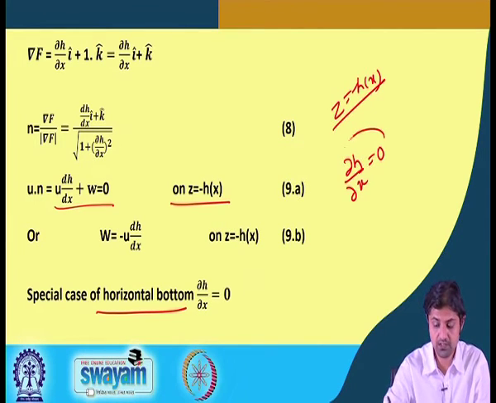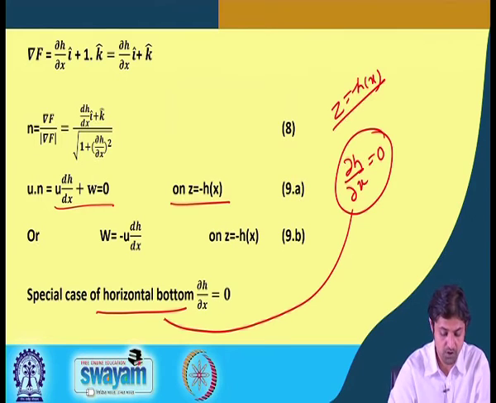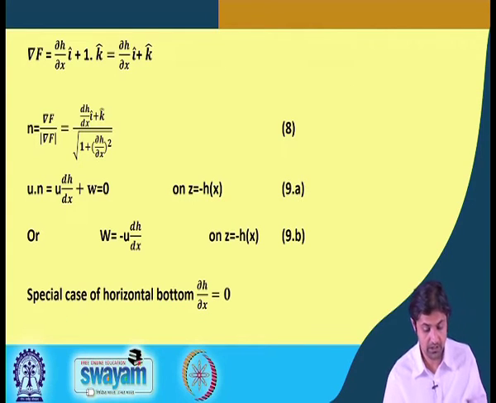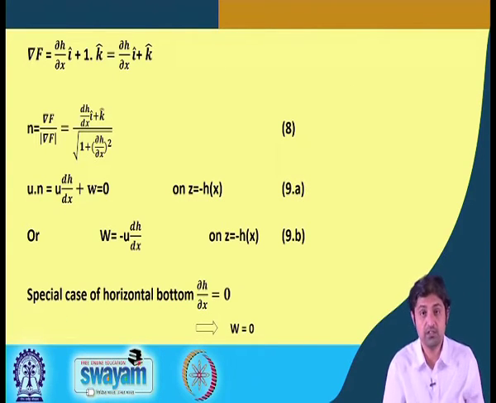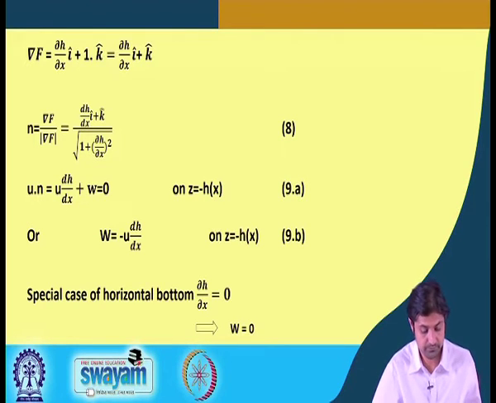So, dh dx is going to be 0 for horizontal bottom. Therefore, this means w is equal to 0. So, we have now proved at the boundary w is equal to 0 using the bottom boundary condition, and we have derived everything from the basics of the boundary condition.